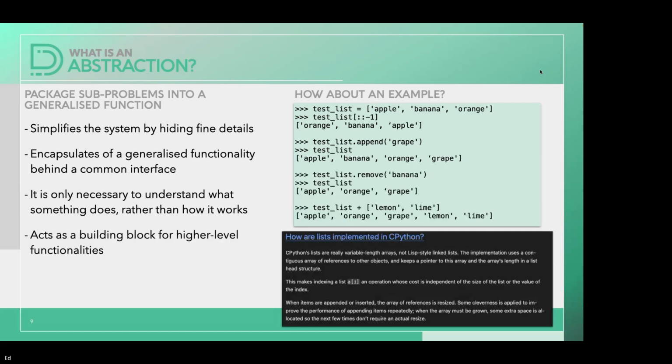But because we have this nice abstraction, it's like appending them to one another. And it turns out that under the hood, lists in Python are not even linked lists. They're actually arrays. I didn't know that, and you didn't need to know that. But by abstracting all these fine details away, we end up with a very nice building block for building high-level functionality, which is actually comprehensible, right?